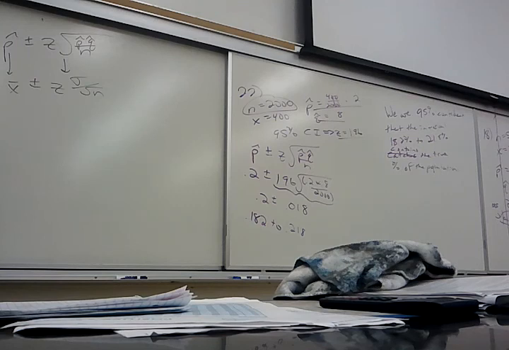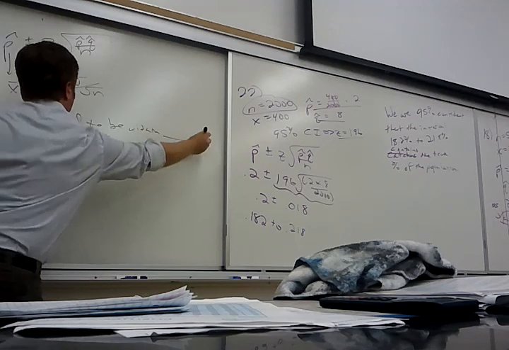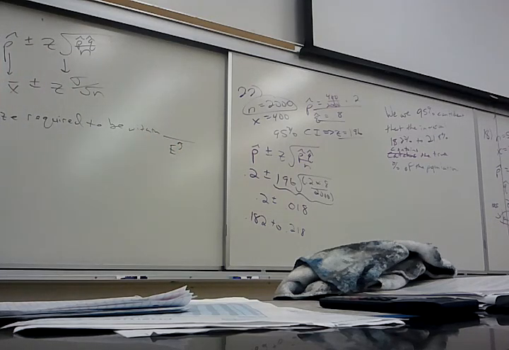There are also formulas if you want to find the sample size required to be within something, and this would be your error. If I want to say I want to be within 5 pounds of somebody's weight, that's how much my error is, at most 5 pounds, give or take 5 pounds.